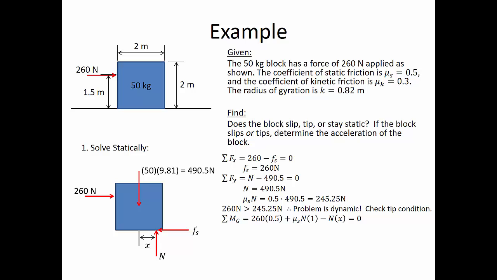We've already calculated that to be 490.5. If we substitute that into our equation and then solve for x, we find that x is equal to 0.77 meters, which is less than 1 meter, which is half the width of the block. Therefore, the block is going to slip before it tips. It will exceed the maximum static friction before the normal force moves to the corner of the box.